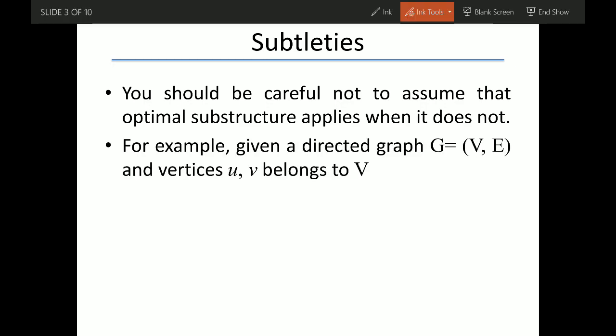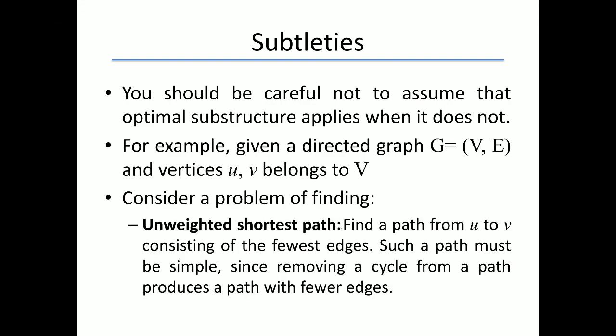For example, given a directed graph G that has a set of vertices V and a set of edges E, and two vertices U and V that belong to V. Now consider the problem of finding the unweighted shortest path. We want to find a path with the fewest number of edges, so the length of the path is shortest, and we are assuming that the path is simple.